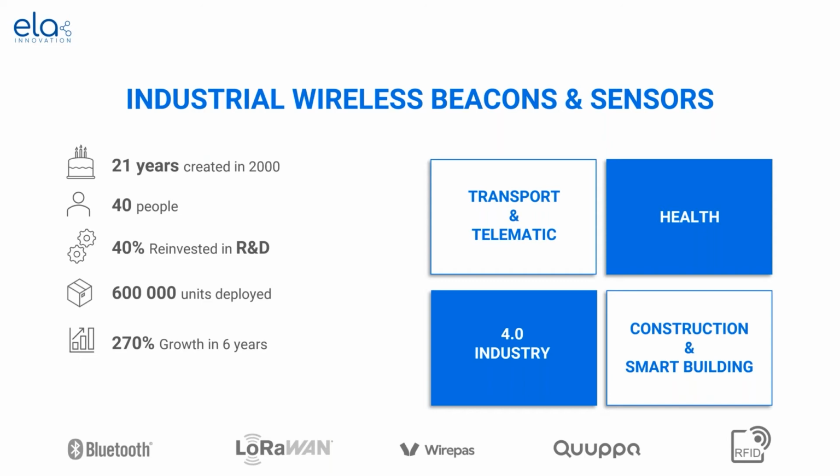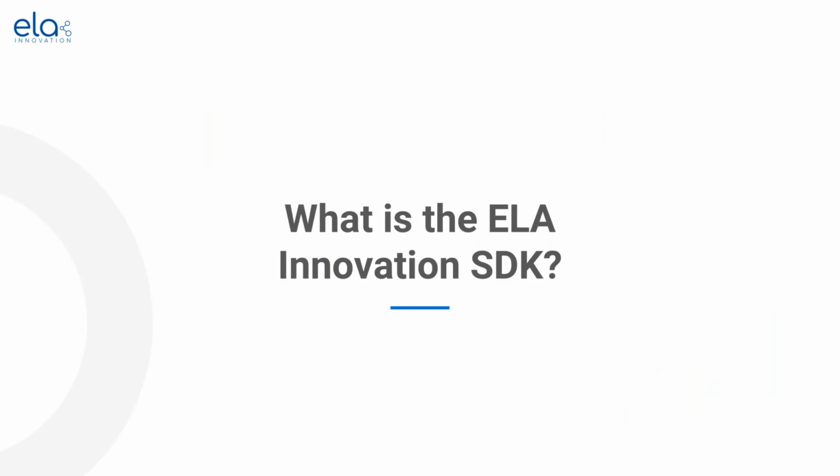Our business is divided into 4 different themes: transport and telematics, health, industry 4.0, and construction and smart building. And then, for the next part, Stefan will present what the ELA SDK is.